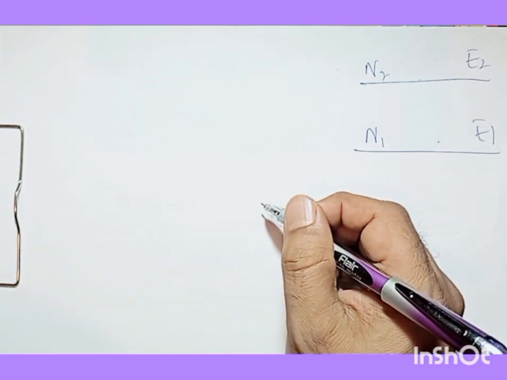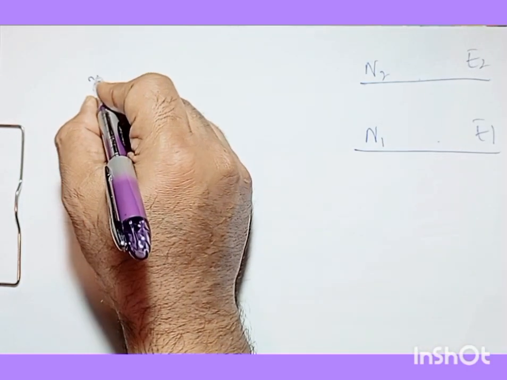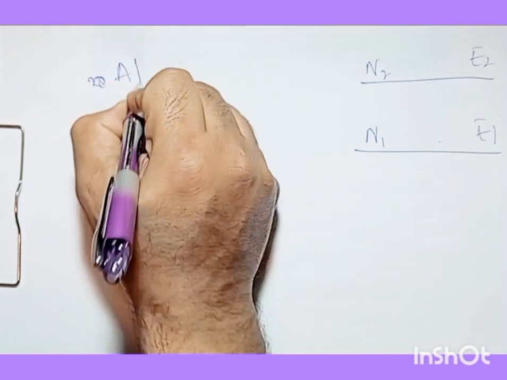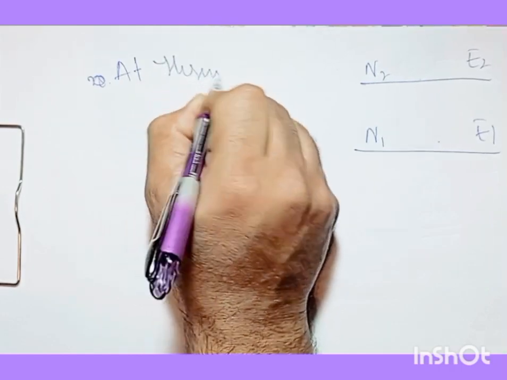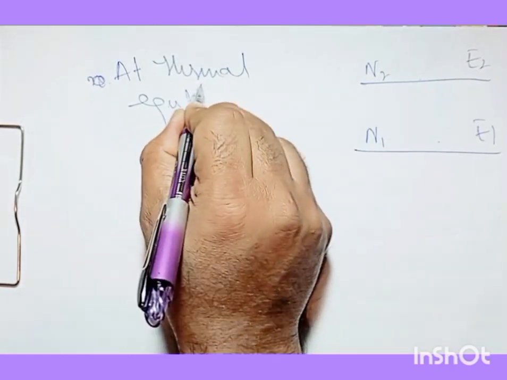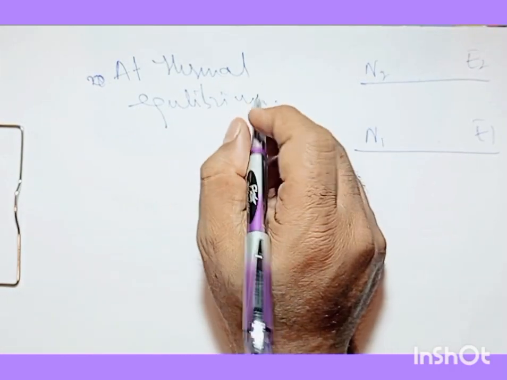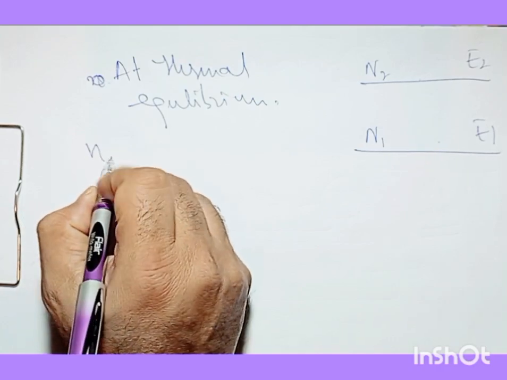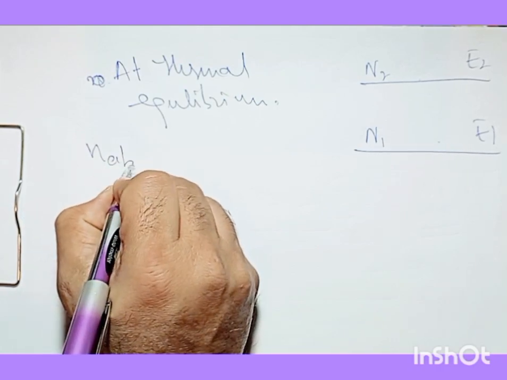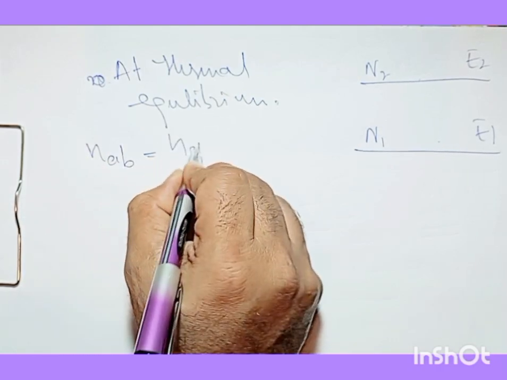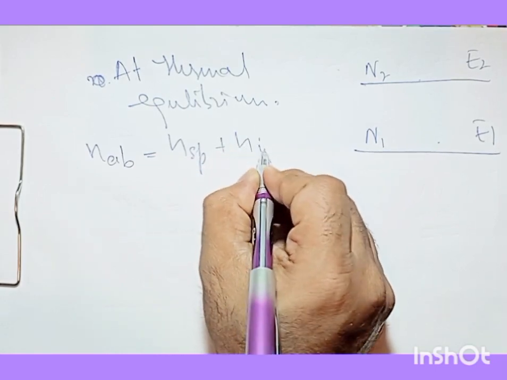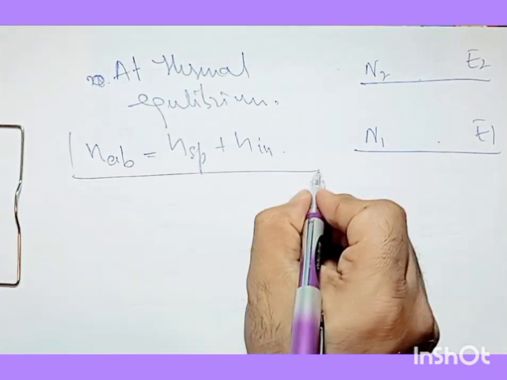At thermal equilibrium, we can expect that the rate of absorption equals the rate of spontaneous emission plus the rate of induced emission.